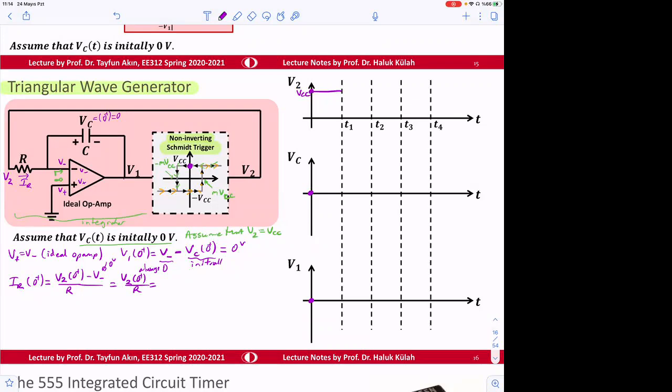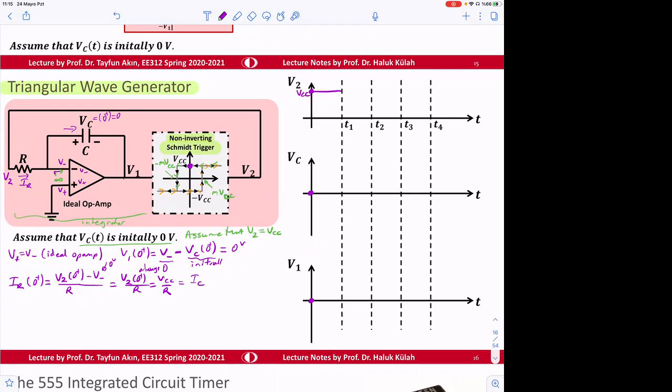Here it is VCC. So VCC divided by R is going to be constant current through the resistor. So where does that current go? It cannot go to the op-amp because we know that op-amp is ideal op-amp, so it doesn't get any current. So all the current will go through this. Okay, so this current will be equal to capacitor current.